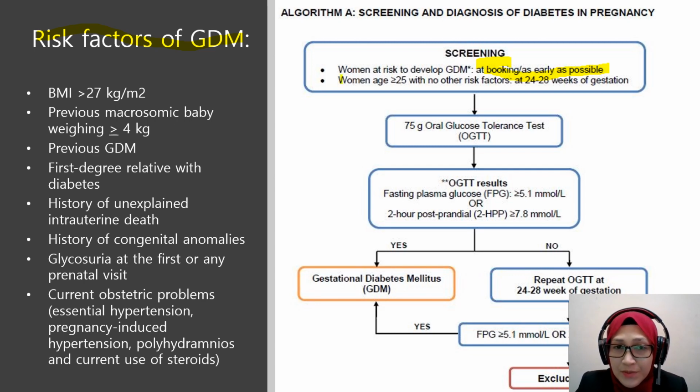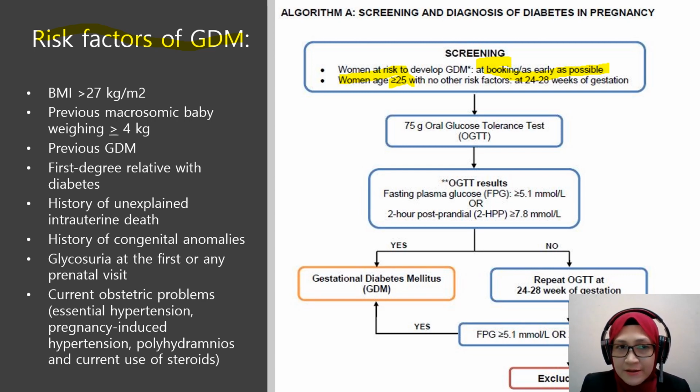So for women aged more than 25 with no risk factors, they can do the OGTT test for the screening of GDM at 24 to 28 weeks of gestation. Okay, for those who have risk factors, it can be earlier, as early as possible. But for those who are aged more than 25 with no risk factors, it's between 24 and 28 weeks of gestation. So they need to take the OGTT test.